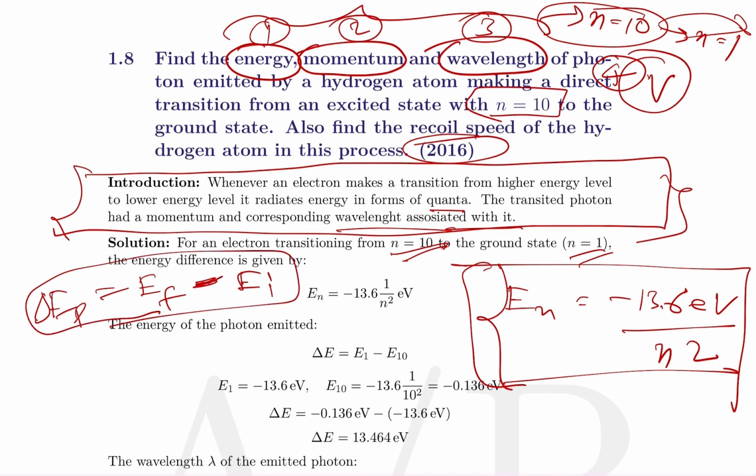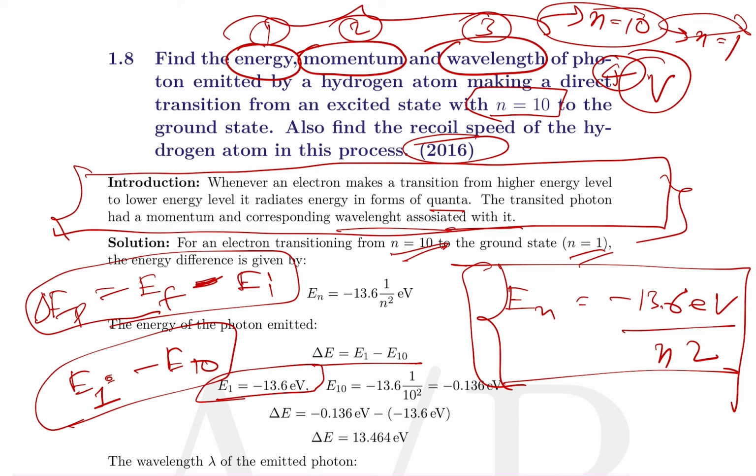So E1 minus E10. E1 is minus 13.6 and E10 is minus 13.6 over 10 square. Solving it, we get delta E as 13.464 electron volt, and that is positive.